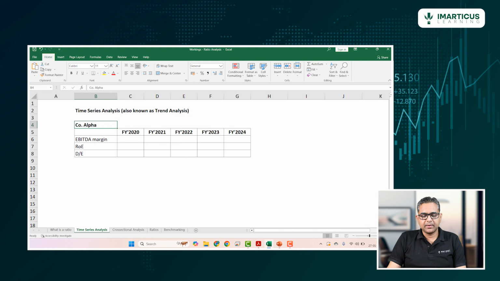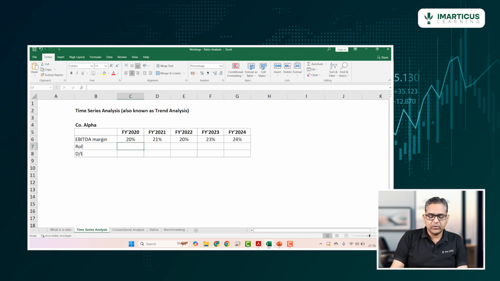For example, let's say I'm talking about company Alpha. So company Alpha generated EBIT margin of 20% in FY 2020, and let's say this is the EBITDA margin of company Alpha over a period of last 5 years.